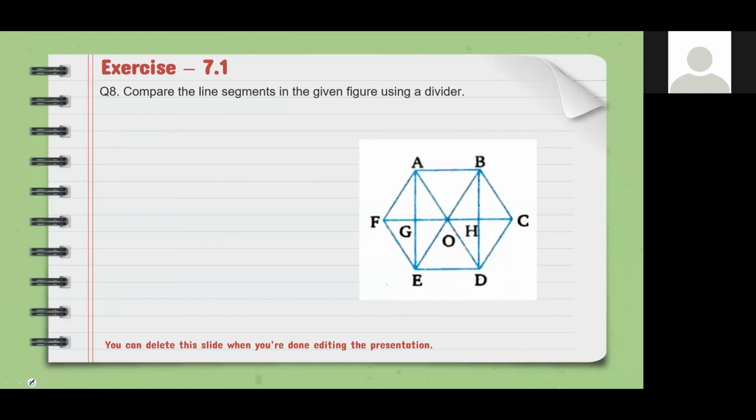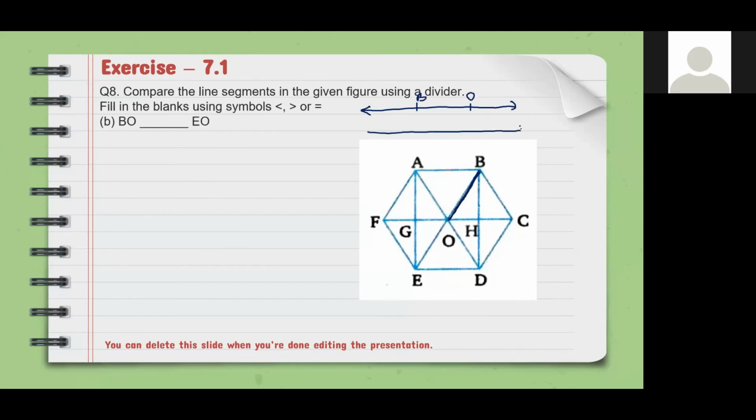Compare the line segments in the given figure using a divider. So in the second one, fill in the blanks. BO and EO. See the figure, BO and EO. See, this is BO. You will mark it in your rounder. You will draw a line and mark that BO segment there. After that, you will draw one more line.